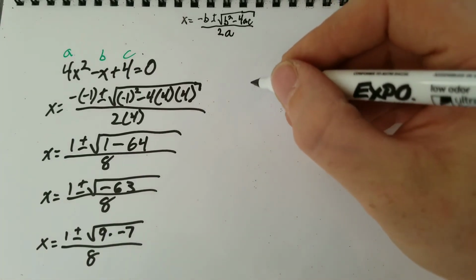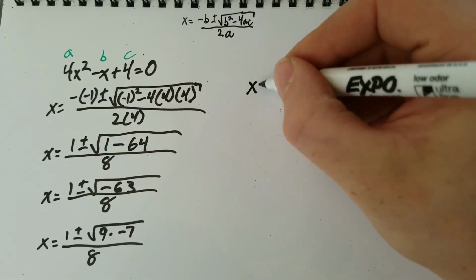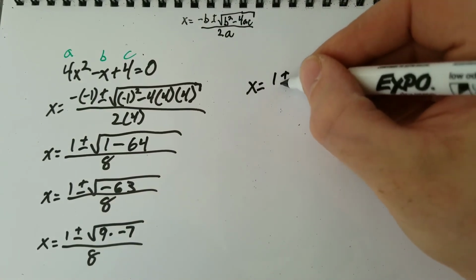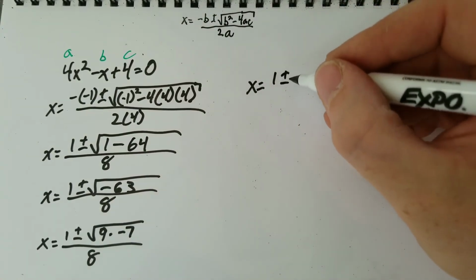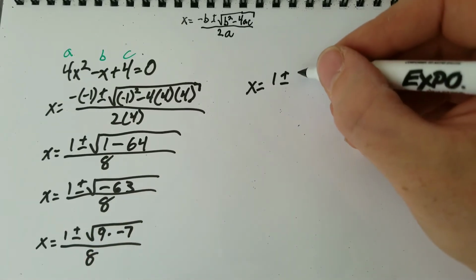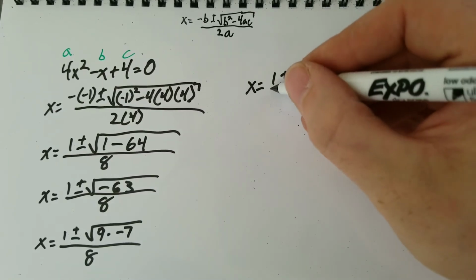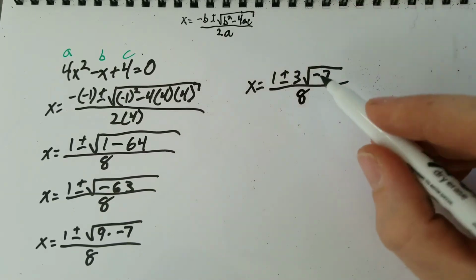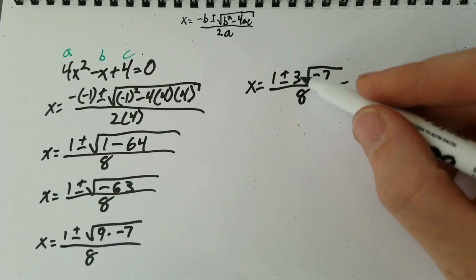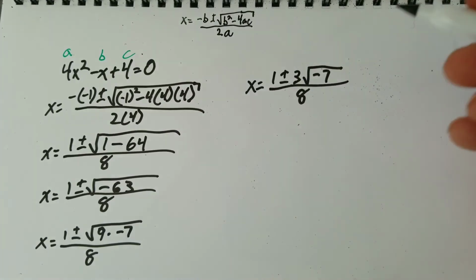So we'll move up here. So we've got x equals 1 plus or minus, well, the square root of 9 is 3. And then we still have -7 in there over 8. Now to get rid of the negative sign in here, we're going to pull out an i. Okay?